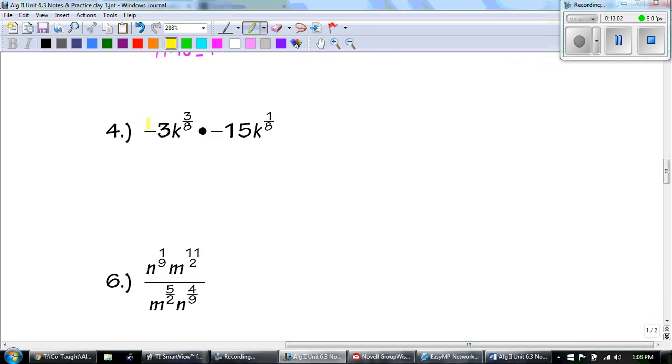Okay? Don't get too scared with the fractions. Negative 3 times negative 15, and negative times a negative is a positive. 3 times 15 is 45. And then I need to add the exponents. 3 over 8 plus 1 over 8. 3 plus 1 is 4.